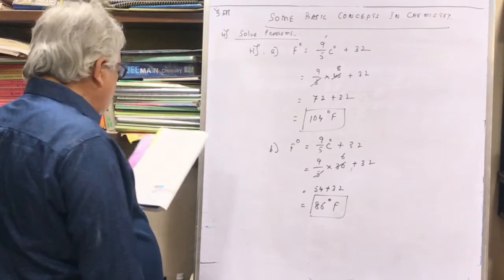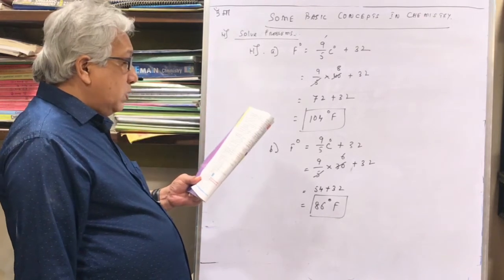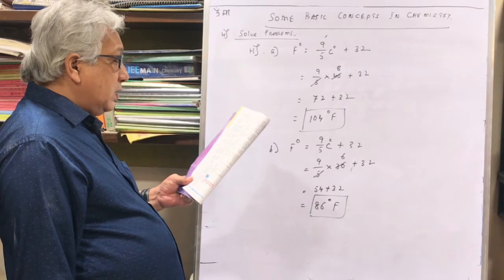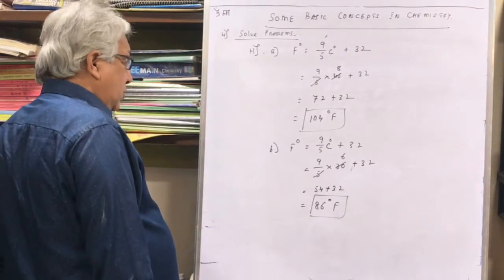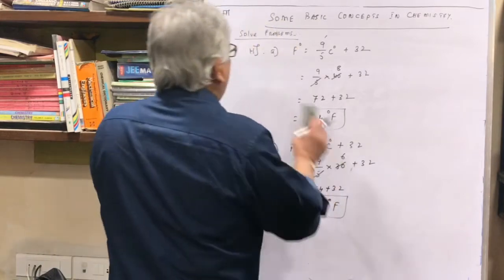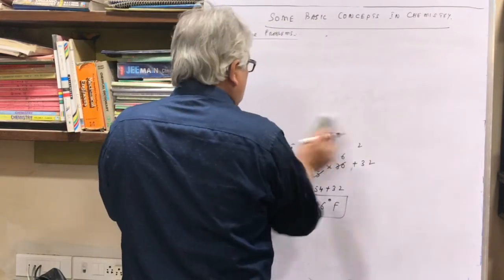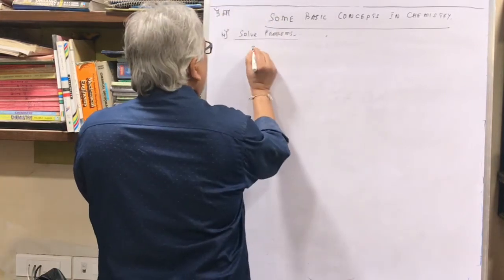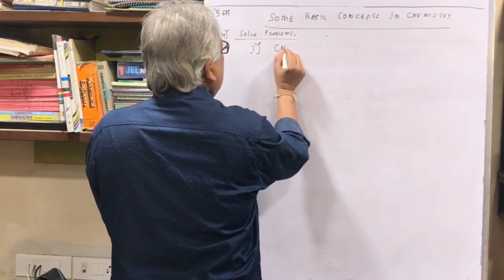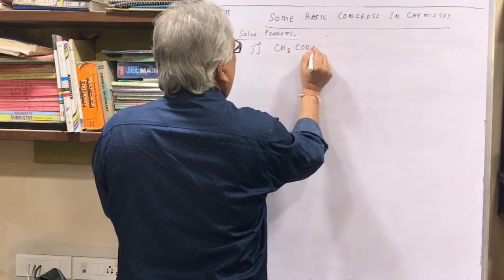Now I go to problem I. The problem I, they have asked me, calculate the number of moles and molecules of acetic acid present in 22 gram of it. So when they have asked me for acetic acid, number of moles, etc., I say acetic acid is CH3COOH.